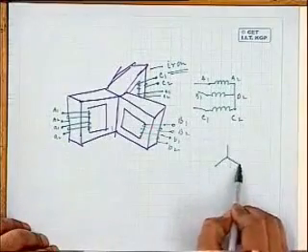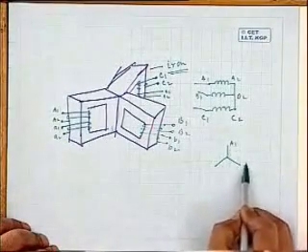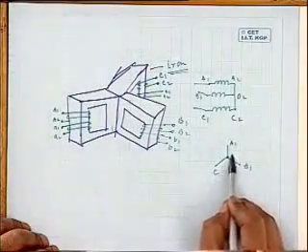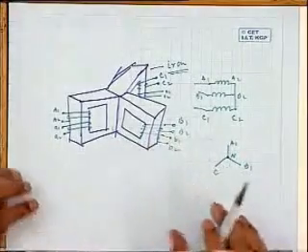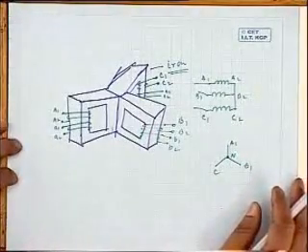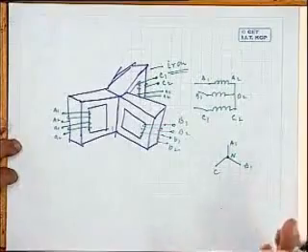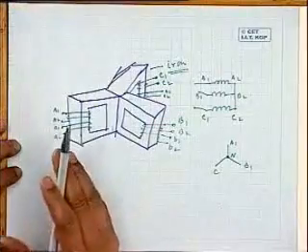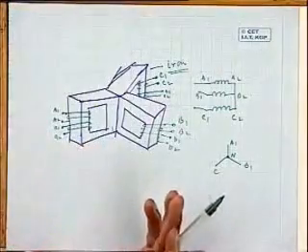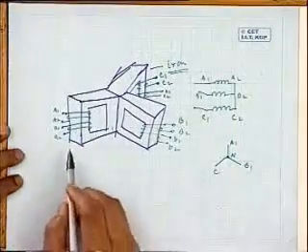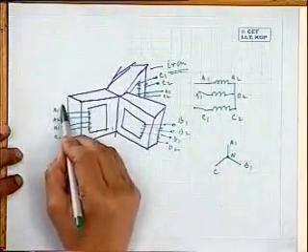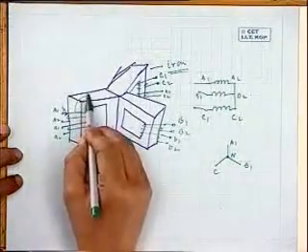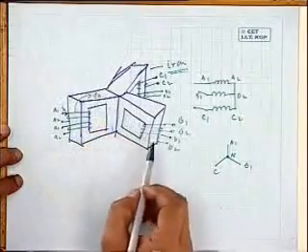Then across each of the windings, sinusoidal voltages will be applied, which will be 120 degrees apart from each other. Therefore, each winding will carry an exciting current which will be 120 degrees apart, and they will produce their own fluxes.